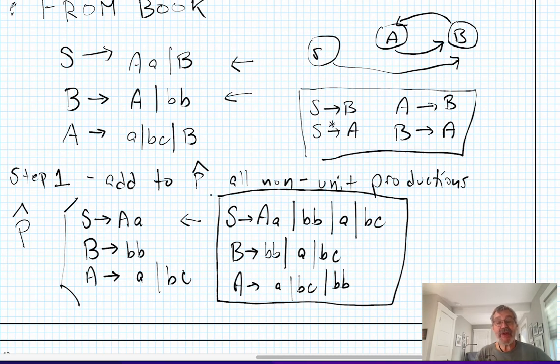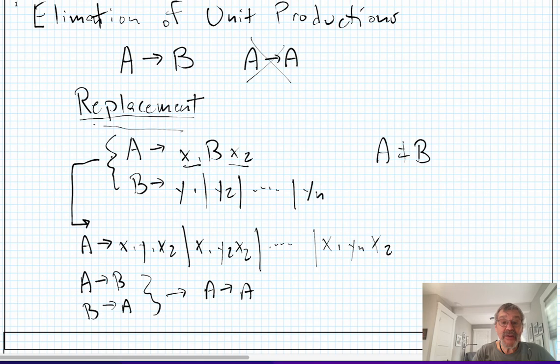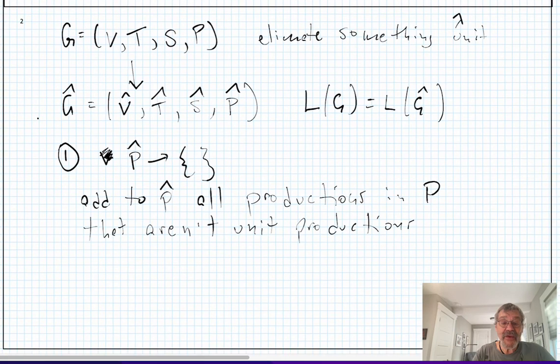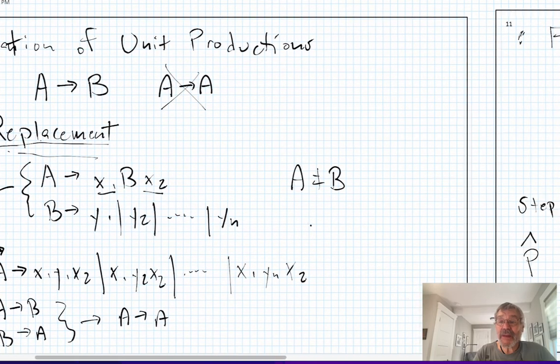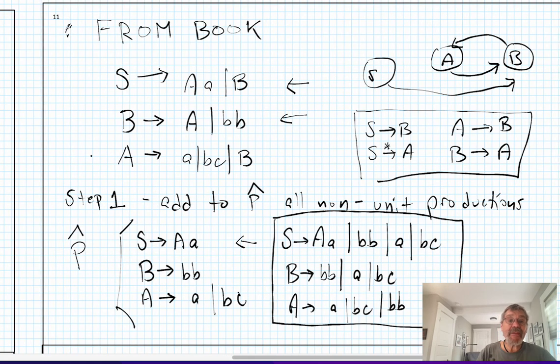So again, to reiterate what the steps are, we want to use this replacement theorem, but we need to do a little bit of work first. The first thing we need to do is create a new set of productions, this P hat over here, and these have all of the productions from the original P that aren't unit productions. Again, going back to the example here, we started off with this grammar right here.